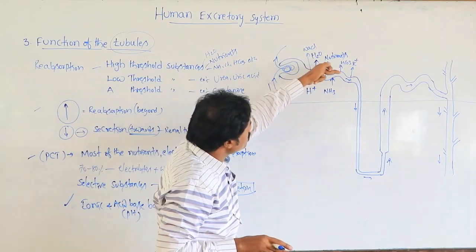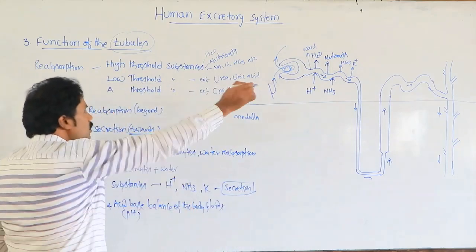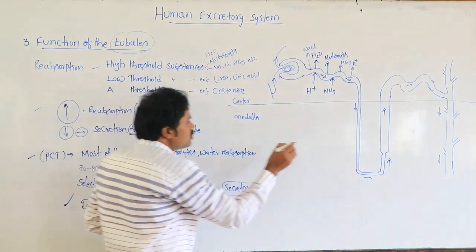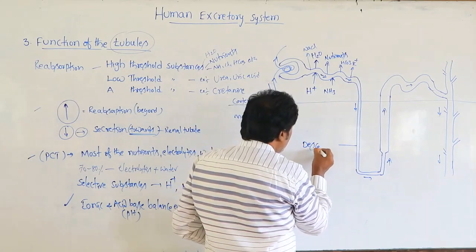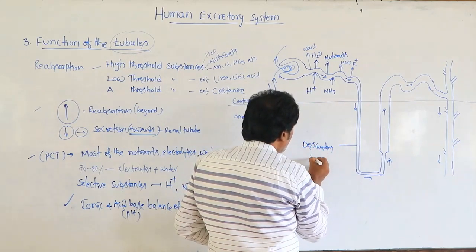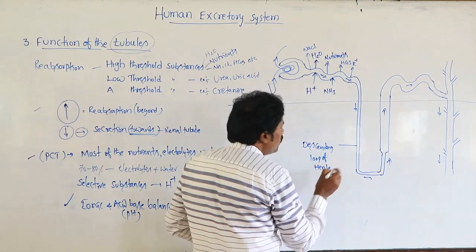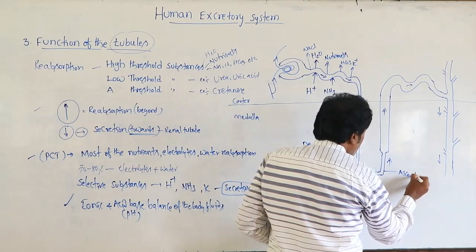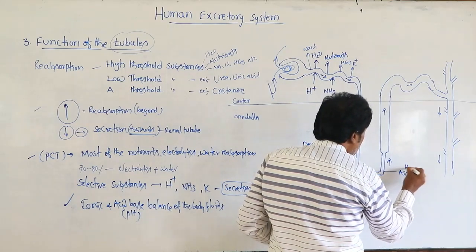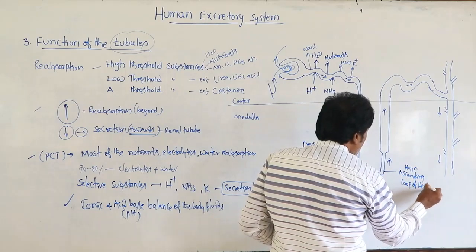Then coming towards the descending loop of Henle. After the PCT, this is what we call the descending loop of Henle. This is the ascending, the thin ascending loop of Henle.